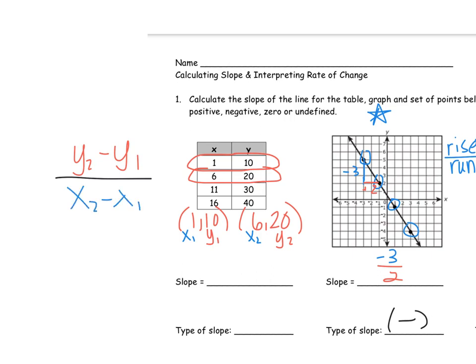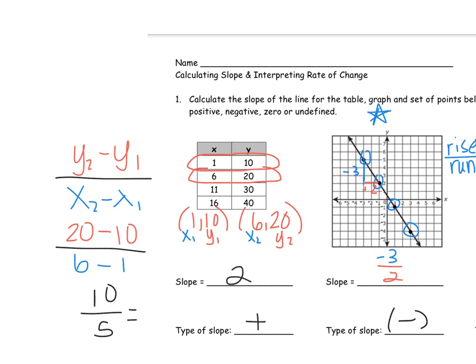And I'm just going to plug everything in. So I have 20 minus 10 divided by 6 minus 1. And that's going to be 10 over 5, which is a slope of 2, which is positive.